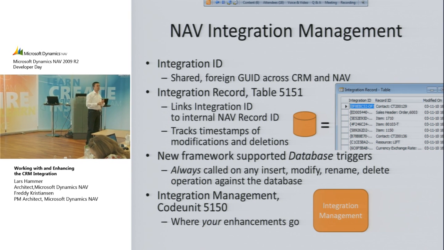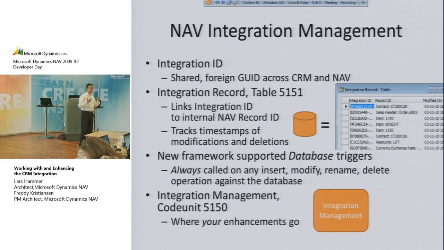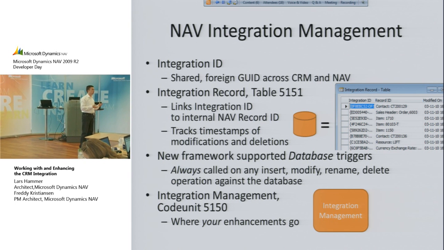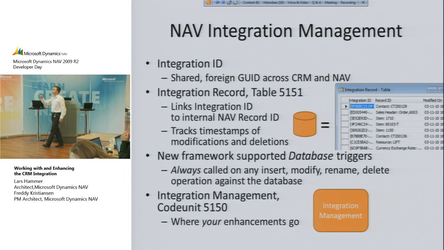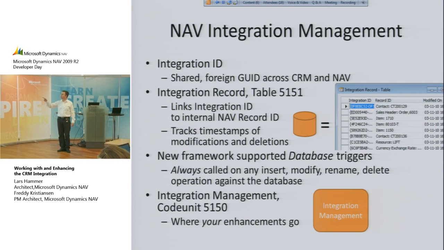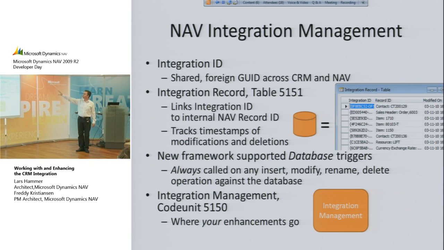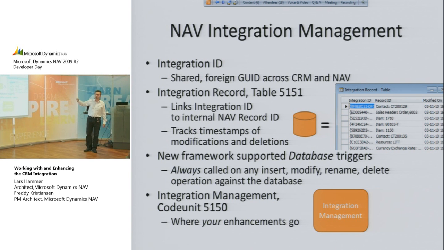The issue with those triggers is that they only execute from the UI engine. So if you have code that changes stuff, they are not fired. This new set of database triggers are always fired, regardless of whatever way you came into NAV and changed this record. We're going to fire that trigger. And that's what allows us, in those triggers, to write code that keeps this integration record table up to date.